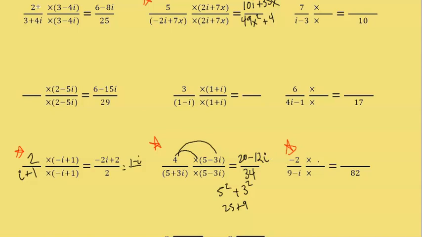And then for this one, the complex conjugate of 9 minus I is 9 plus I. So we multiply numerator and denominator by 9 plus I because we want to multiply by that unity fraction. Distribute the negative 2, you get negative 18 minus 2I. Finish the rest of this page, check your work, and then move on to the next page.